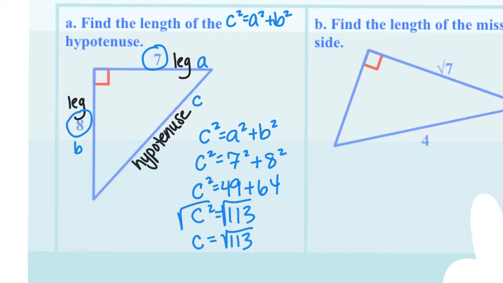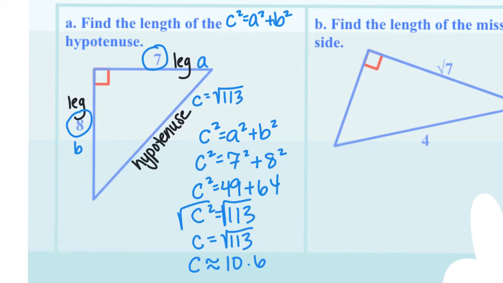The square root of 113 cannot be reduced. However, you can find the decimal approximation, so the square root of 113 is approximately 10.6. So c, the hypotenuse, equals the square root of 113, or 10.6.